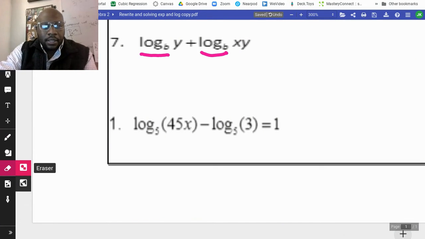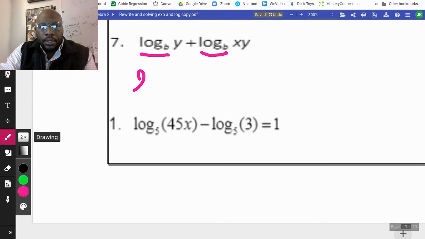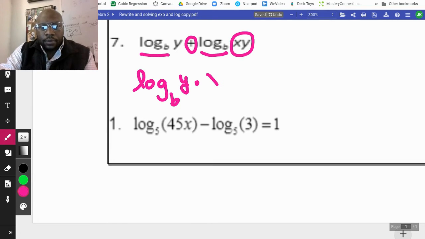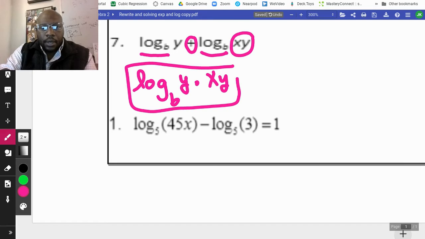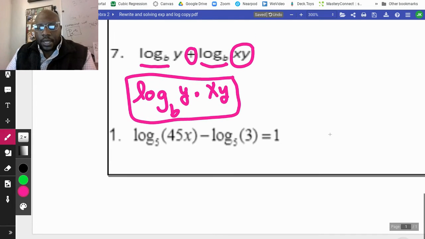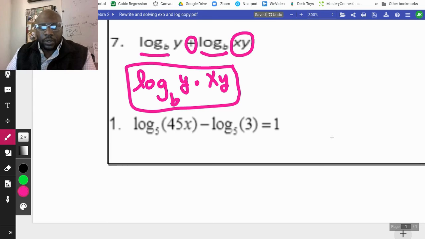Since the bases are matching and it's being added, I'm going to multiply. So log B of y times, I'm just going to take this 2 for now, just the way it is. We're just trying to understand the concept here. I'm not going to do the last one yet, or why not? Let's just do the last one.